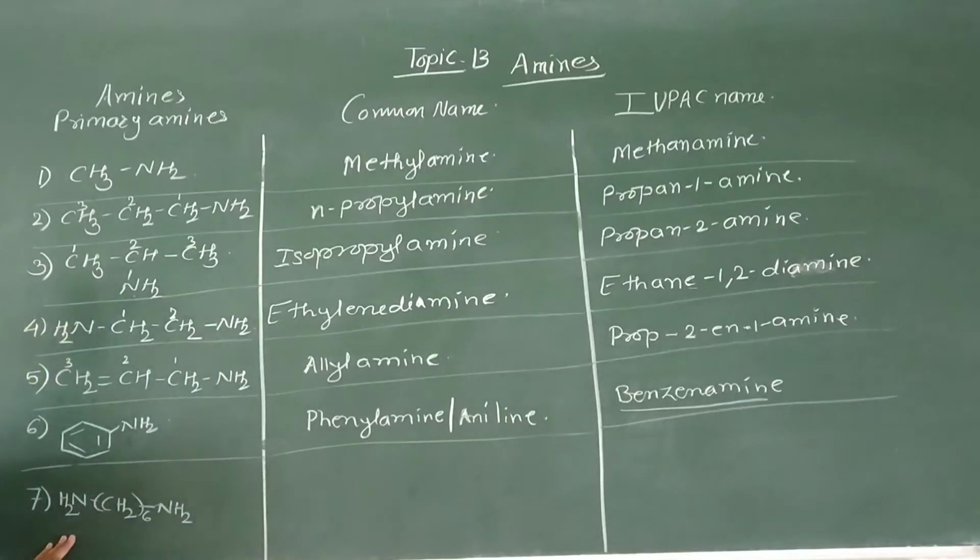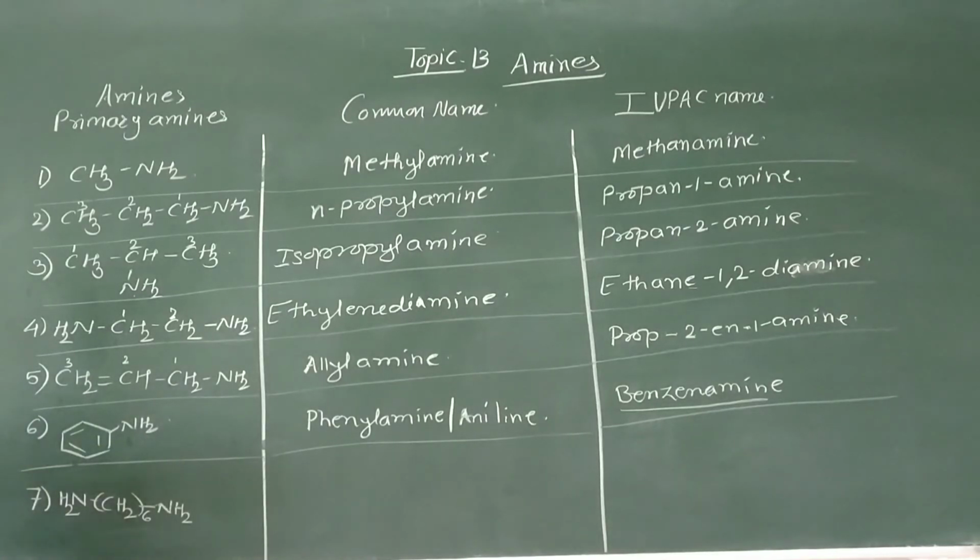And this is the 7th one. NH2(CH2)6NH2. Now here this is a hexyl group. Now here there are 2 amino groups which are present at the 2 ends of hexane.